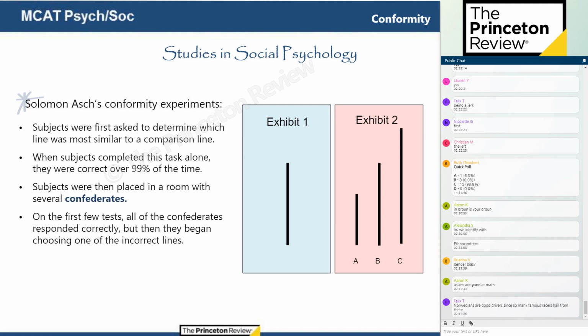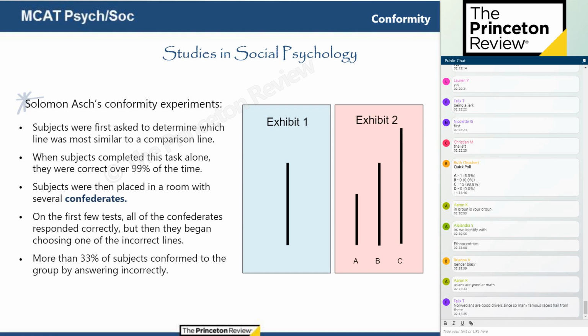And on the first few tests, all the Confederates responded correctly, but then they started choosing wrong things. And 33% of the subjects ended up conforming to the group by answering incorrectly. Big stuff about conformity.